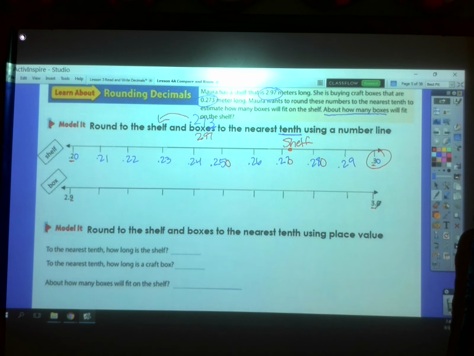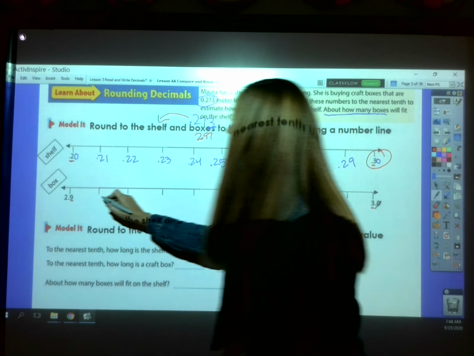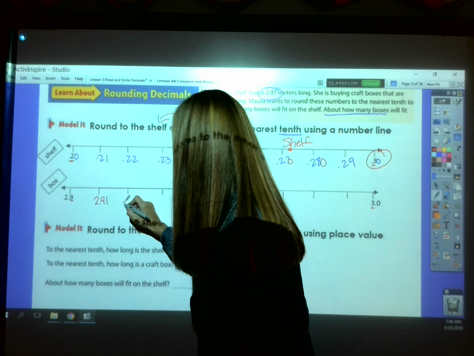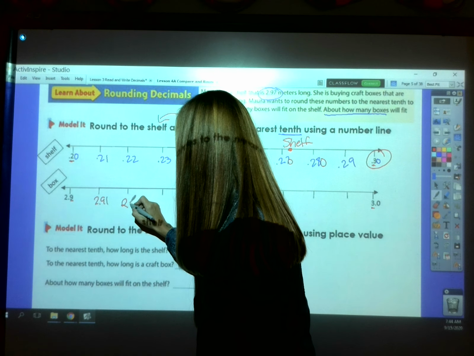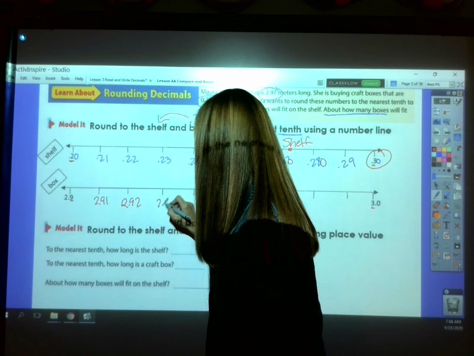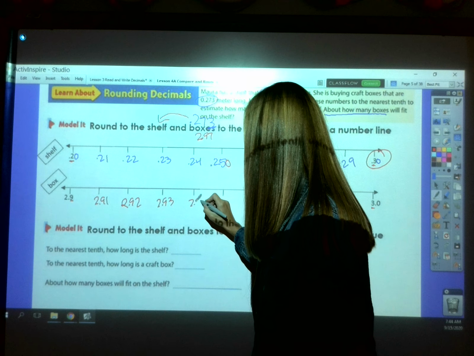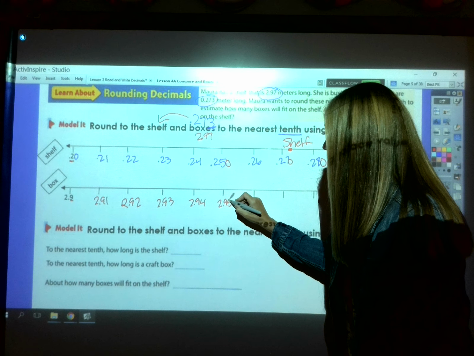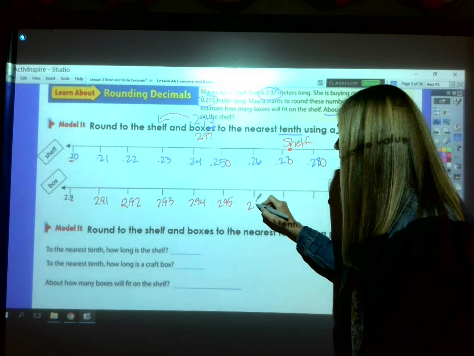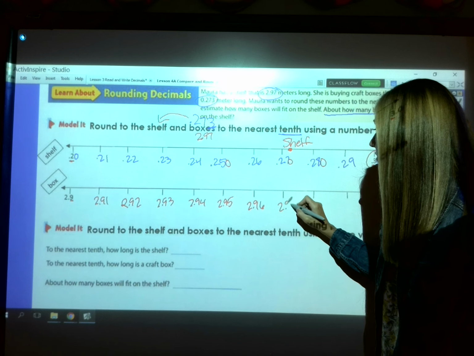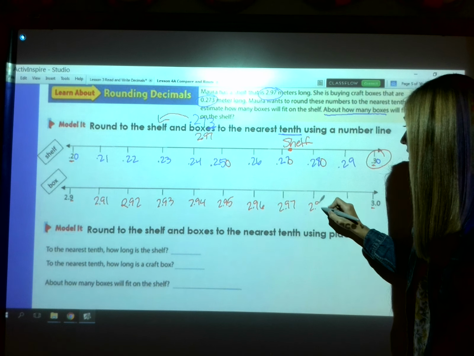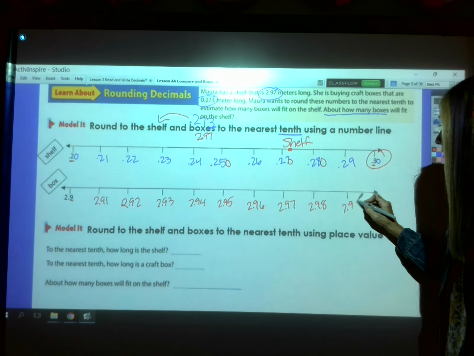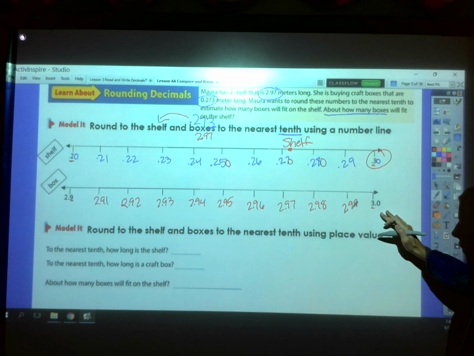Okay? So looking at these parts within parts, 2 and 91, 2 and 92, 2 and 93, 2 and 94, 2 and 95. There's my halfway part. And 296, 297, 298, and 299. Made it all the way to 3 wholes.